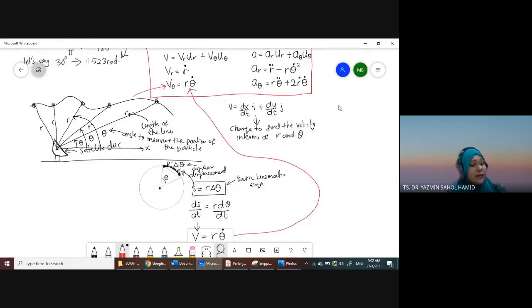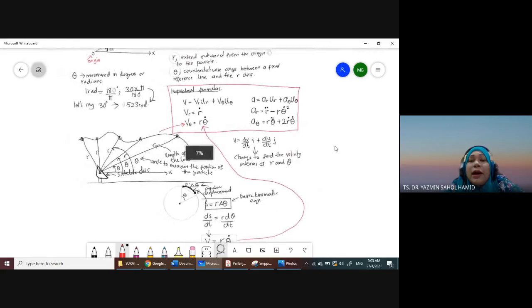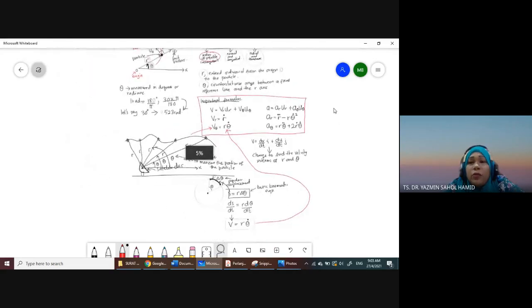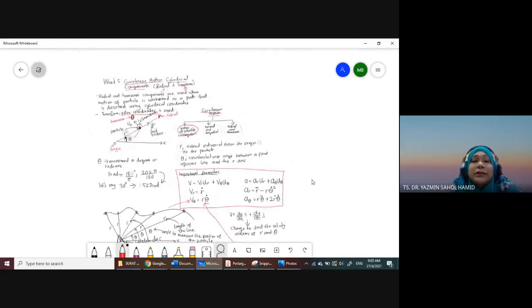So that is the concept and fundamental that you need to understand on the topic of radial and transverse. Now, any questions before I want you to look at the tutorial? Any questions on radial and transverse?